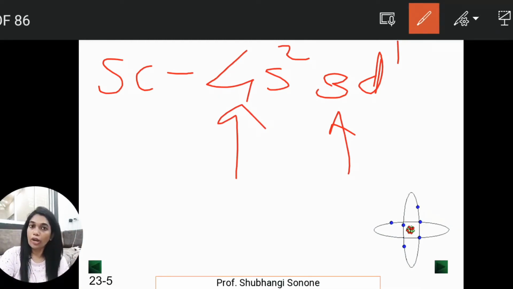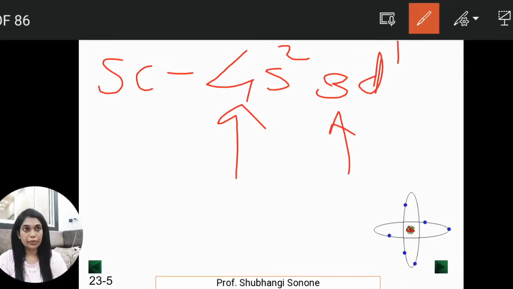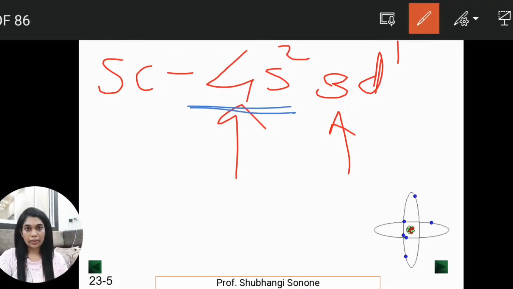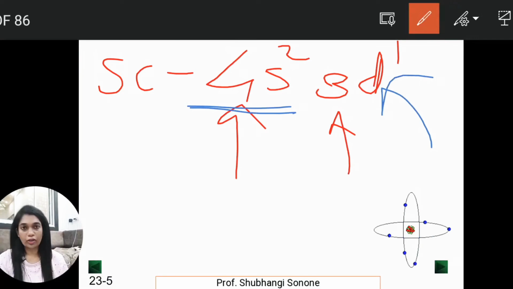But according to the Aufbau principle, electrons enter the energetically lower orbital first and then the energetically higher orbital. So firstly in scandium, electrons enter the 4s orbital.